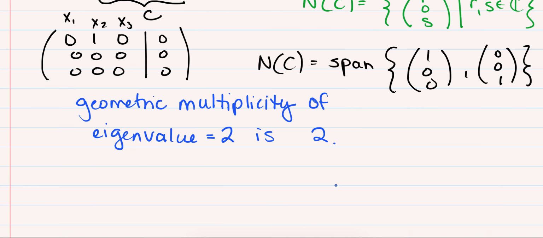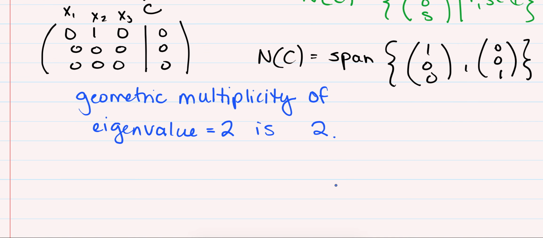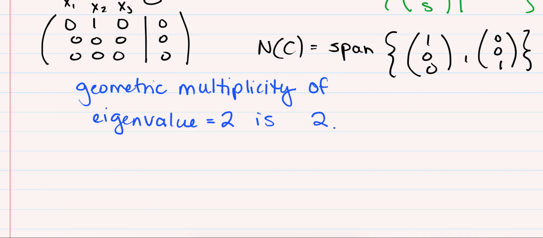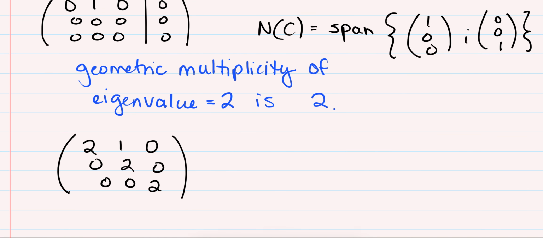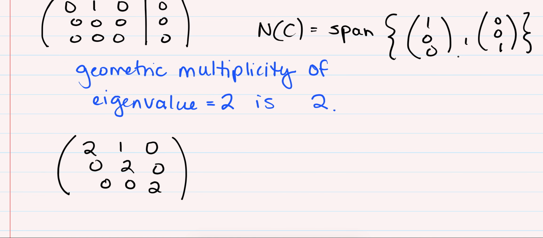Okay, just as a fun extra step, because we found everything we needed, I want to actually see for myself that a linear combination of these vectors is indeed an eigenvector that's associated with the eigenvalue 2. So recall that our original matrix was 2, 1, 0, 0, 2, 0, 0, 0, 2. And let's choose some linear combination of these two vectors.